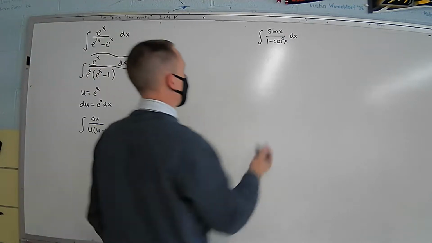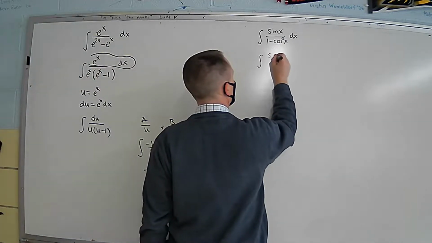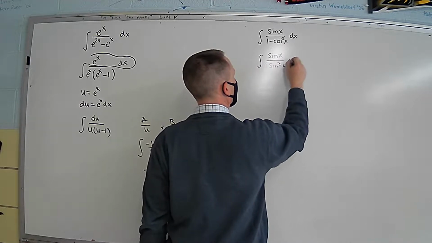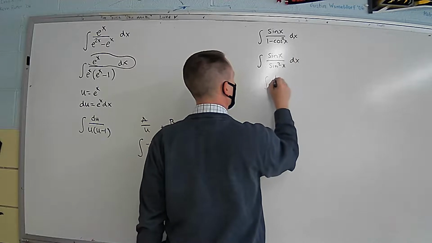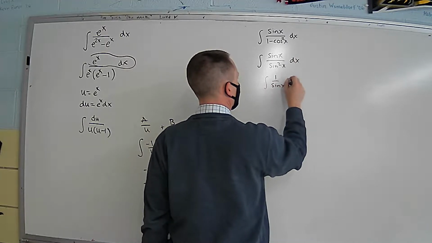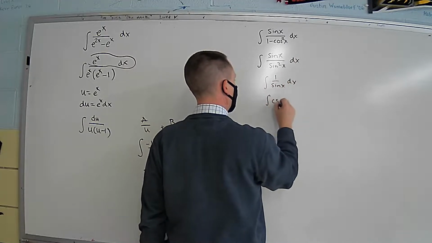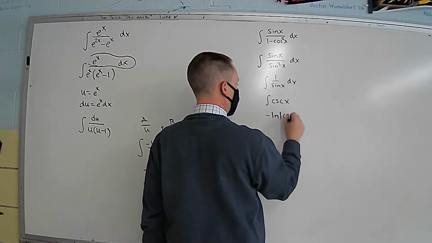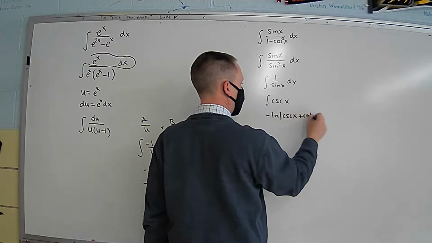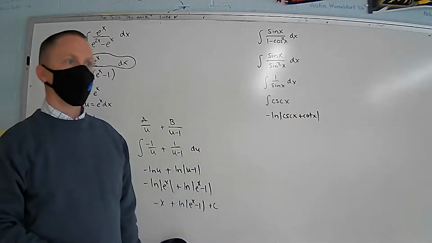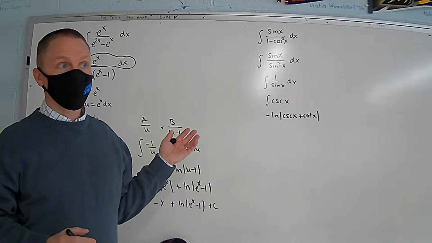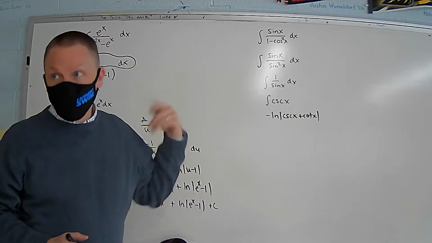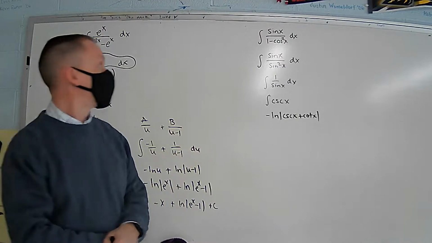The easy way to do this problem is actually just to call 1 minus cosine squared sine squared. And now we're left with 1 over sine after you simplify, which is cosecant. And then I know the antiderivative of that is negative natural log of cosecant x plus cotangent x. You don't need the partial fraction. But you could do that with partial fractions.